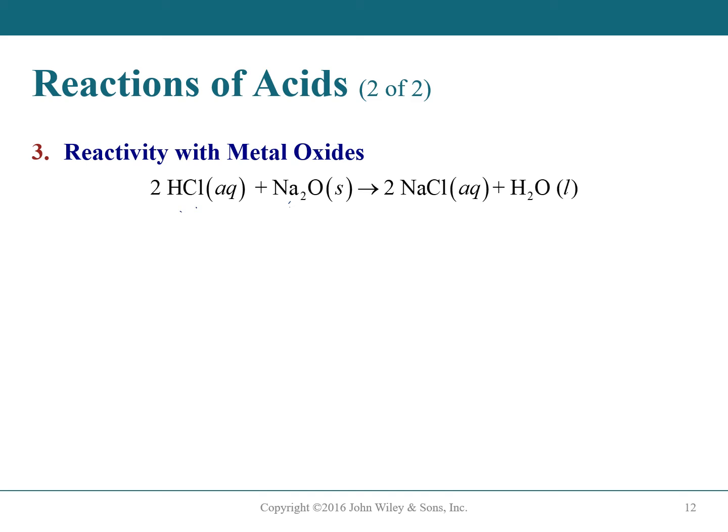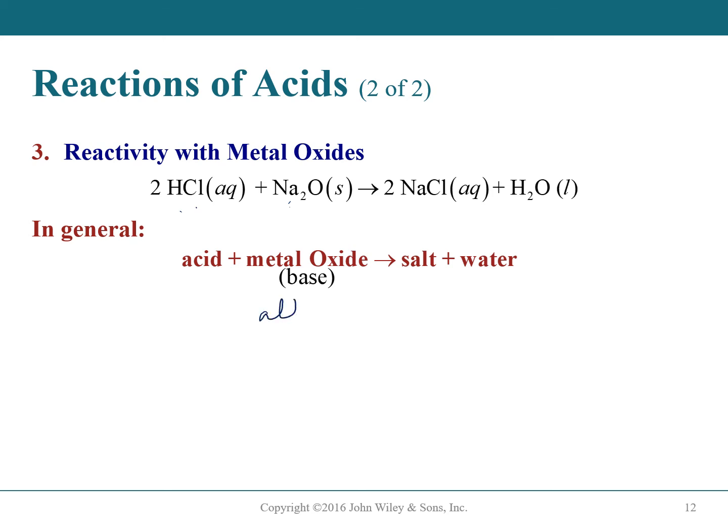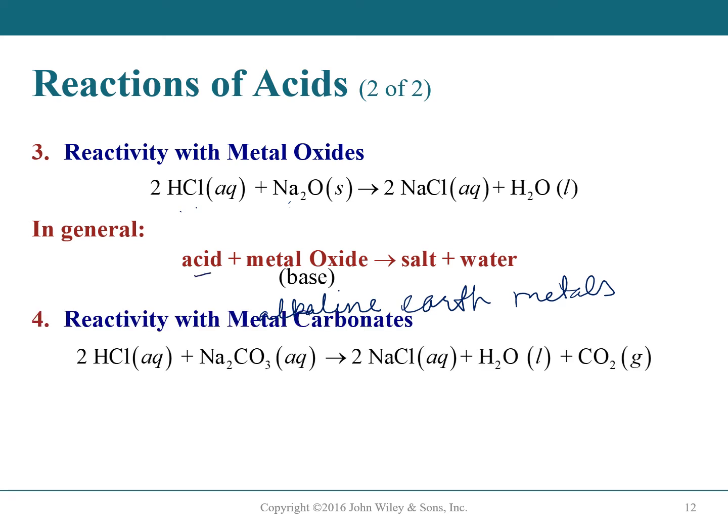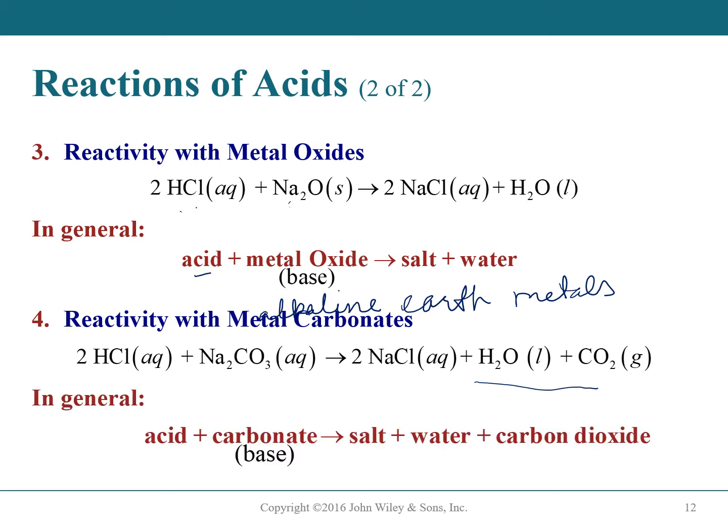And this is when we see the metal oxides, oftentimes you're going to see it with your alkaline earth metals, because we normally don't find them plain, but we'll see them as oxides, and they do react with water, okay, or acids, and then you'll get water. All right. And finally, with the carbonates, we talked about this. You're going to get water and carbon dioxide.